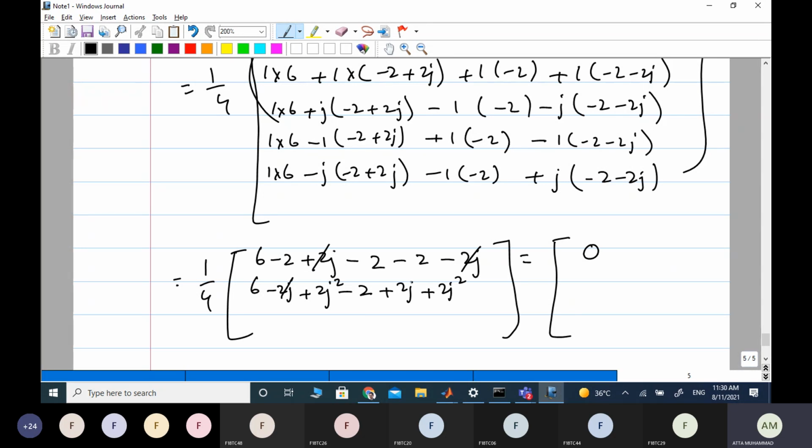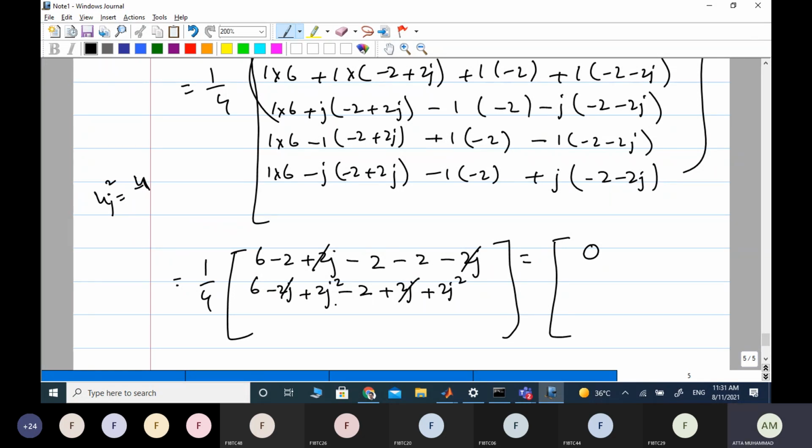So this minus 2j and plus 2j get cancelled, and we have 2j plus 2j is 4j, right? And 4j is equal to minus 1. 4j square, sorry, 4j square is minus 4, right? So minus 4j square is minus 4.